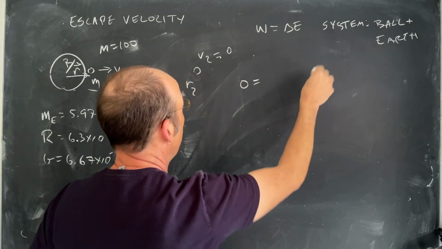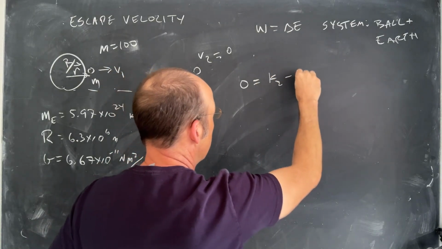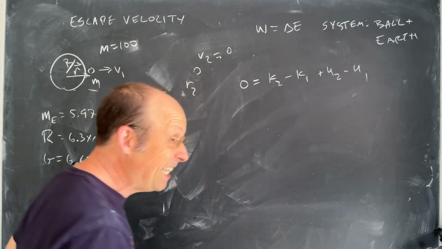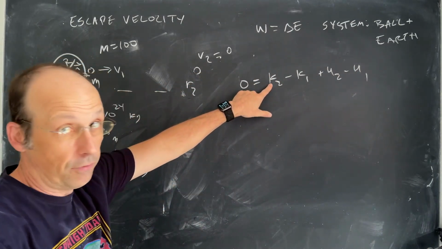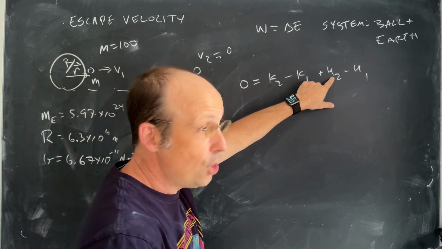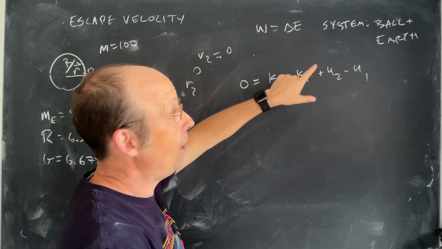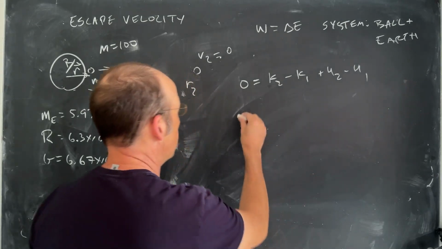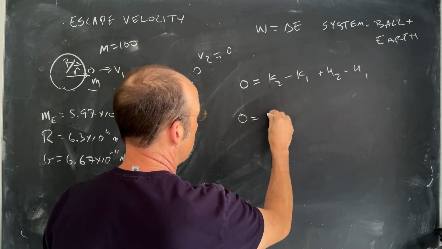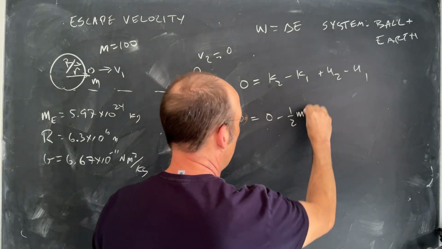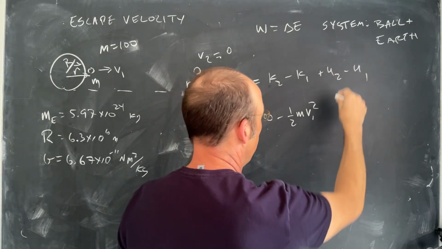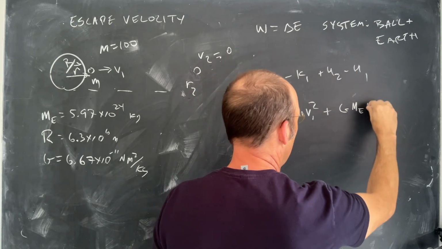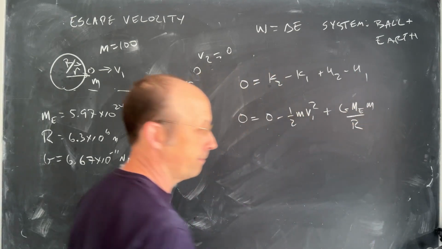0 is the final kinetic energy, K2, minus the initial K1, plus U2 minus U1. Now what's different here is that K2 is 0 and U2 is 0, because if I get an infinite distance away, I'm dividing by an infinity, that goes to 0. So I have 0 is the 0 minus 1/2 m v1 squared, minus a negative G mass of the Earth m over the radius of the Earth.